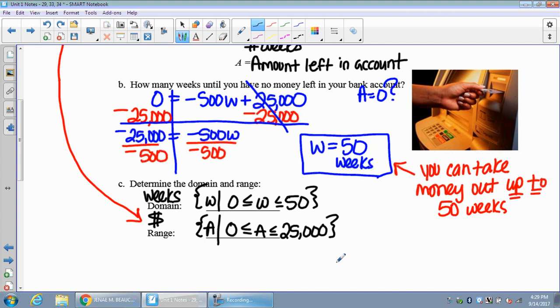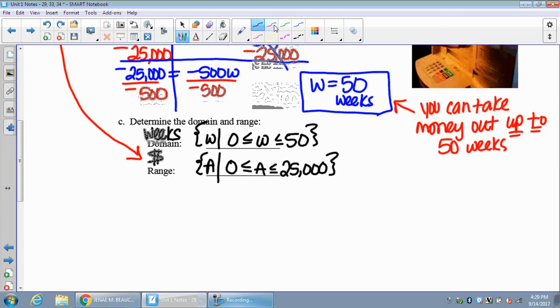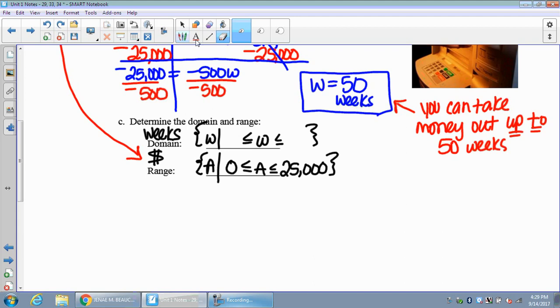Now the only danger of jumping right to that, which some of us may have seen, is does 0 go with 0 and 50 go with 25,000? If you do the math, which I'm going to show you what that would look like, let's say I didn't see that connection at all. I'm going to plug in my y values. So where I see y in the function, I'll plug in 0 first.